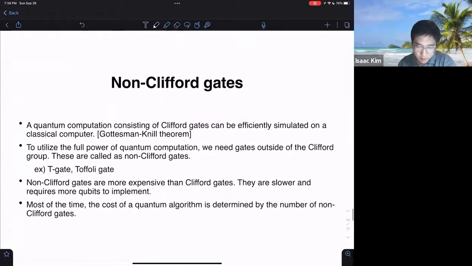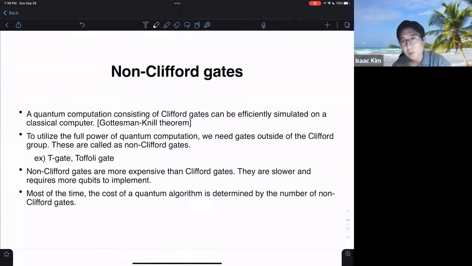But unfortunately, it turns out that Clifford gates are theoretically interesting, but they have some deficiencies. The main deficiency is that if you only apply Clifford gates to a simple initial state like the all-zero product state, then the entire quantum computation can actually be classically simulated.